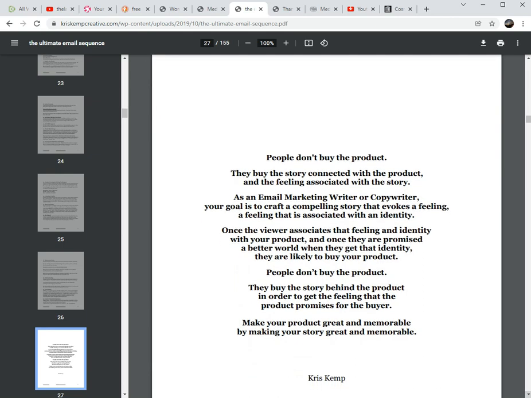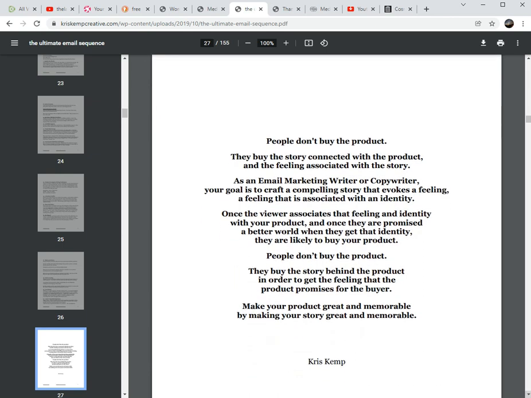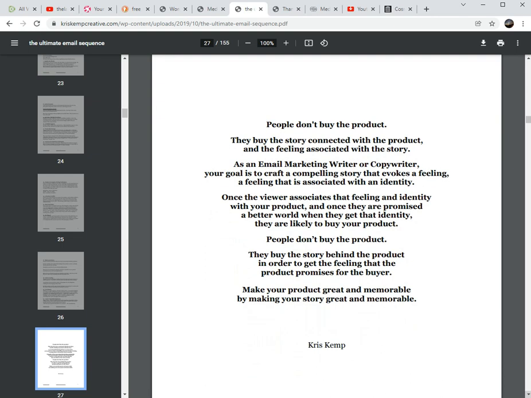So let's go over this overview. Again, we're at the Ultimate Email Marketing Sequence Template Blueprint, page 27. People don't buy the product. They buy the story connected with the product and the feeling associated with the story. As an email marketing writer or a copywriter, your goal is to craft a compelling story that evokes a feeling that is associated with an identity.